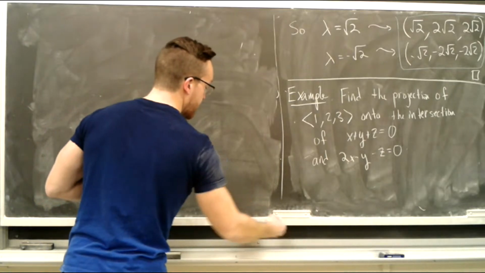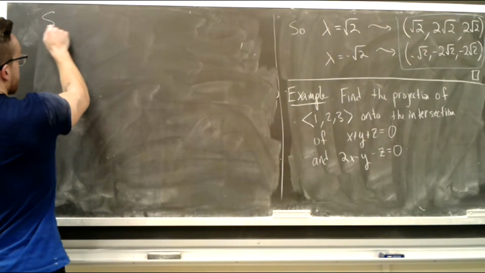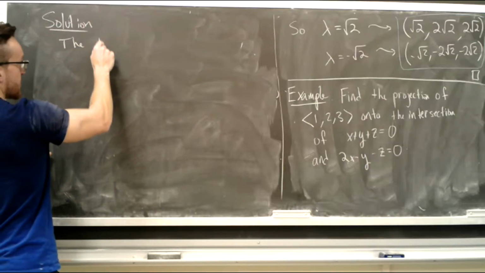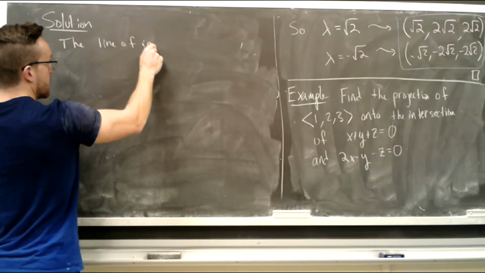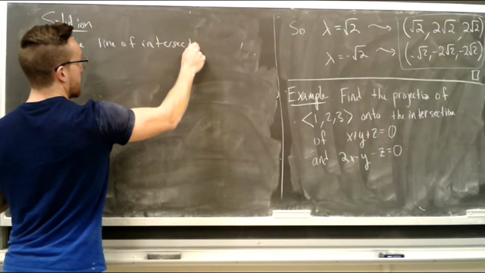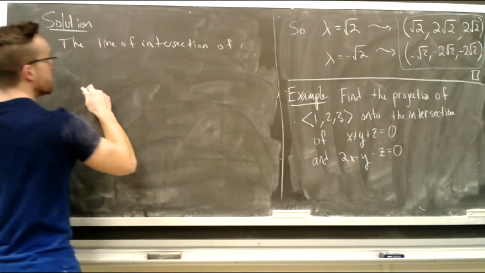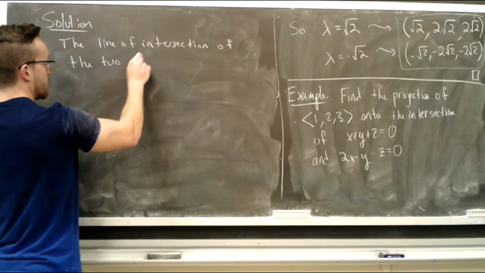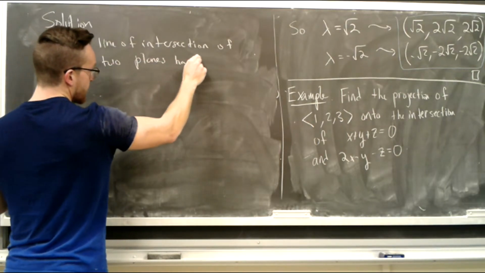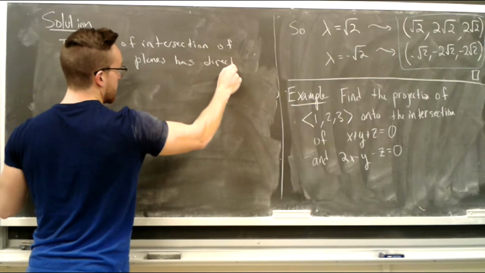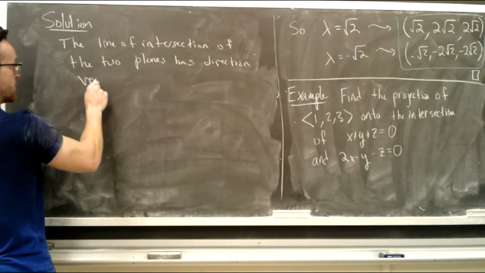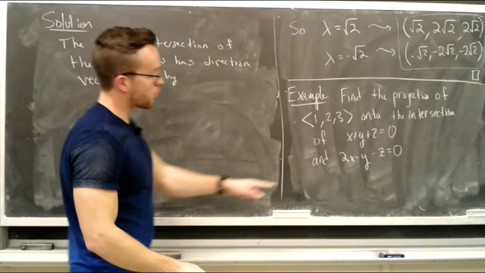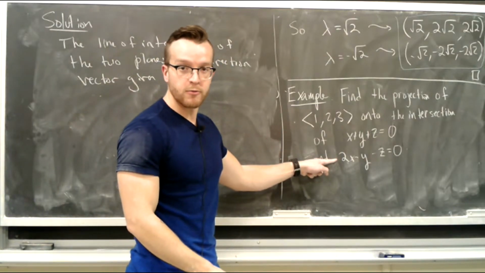So I guess if I were writing a solution, I would say solution. Then I would say the line of intersection of the two planes has direction vector given by the cross product of the normal vectors here.